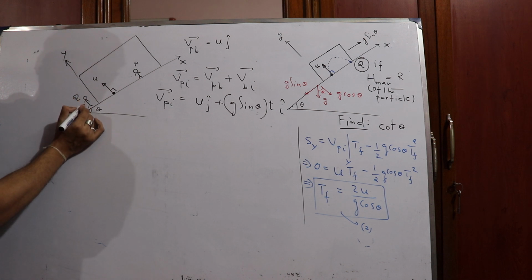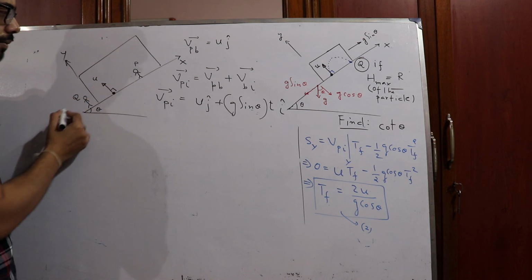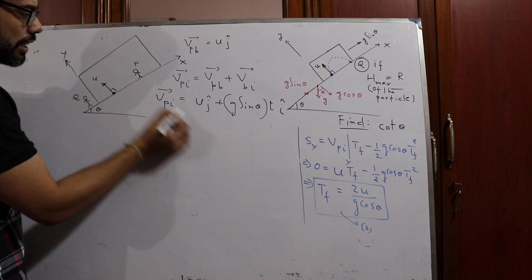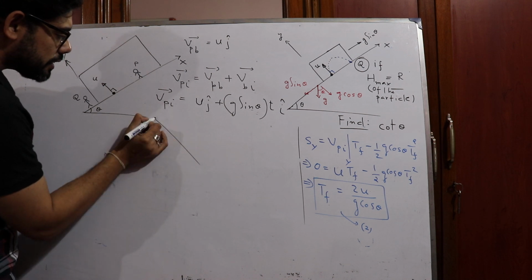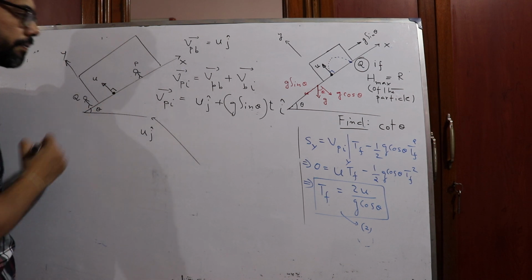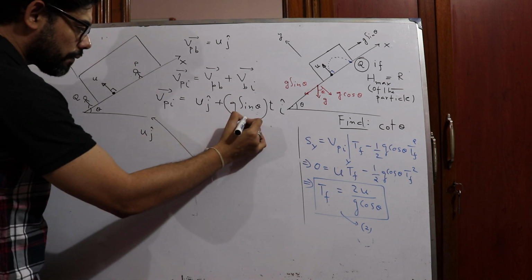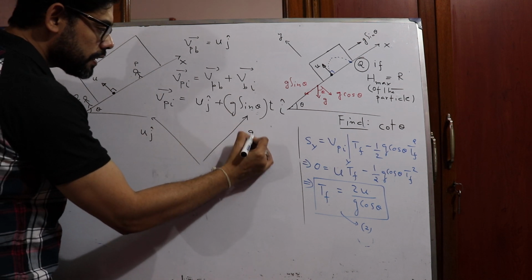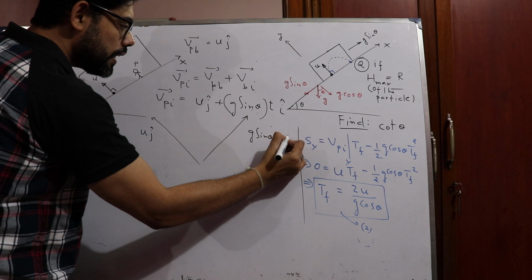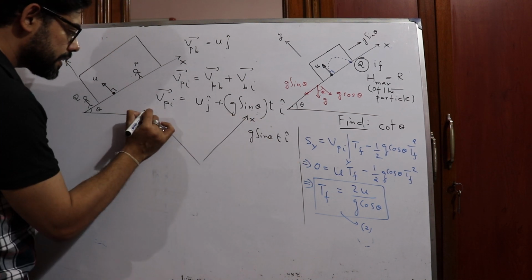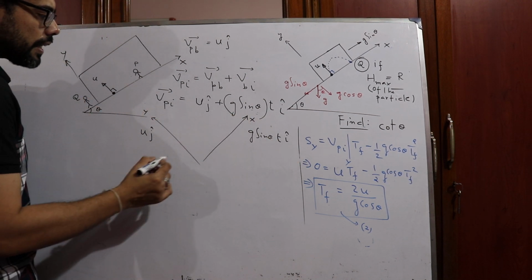Now you see what this observer sees. For this observer, this particle has a y component of velocity, so this is u j cap, suppose, and it also has an x component of velocity, so this is g sin theta into t i cap, suppose. So this is your x axis, this is y axis. What will be the resultant direction?